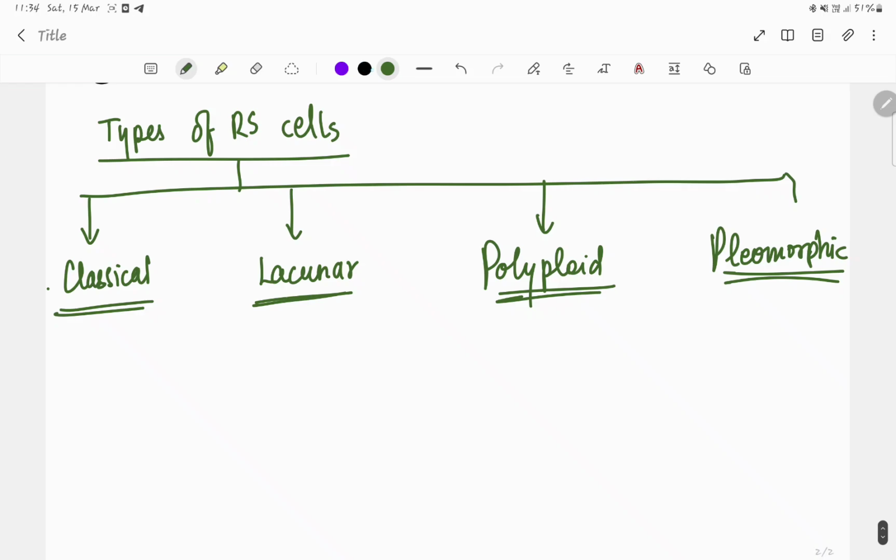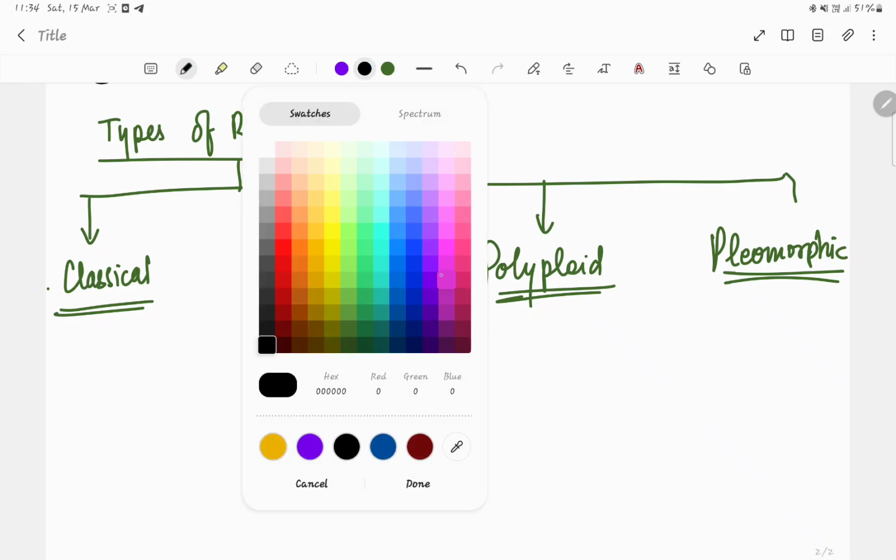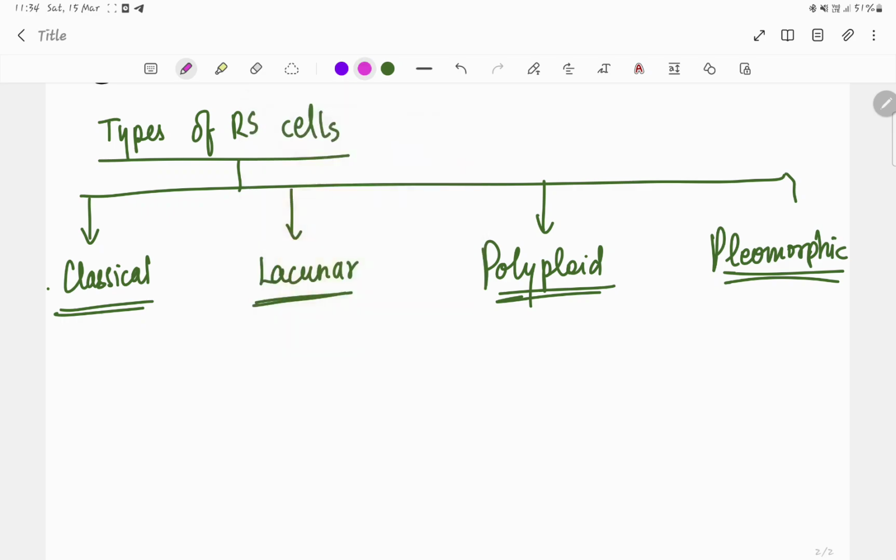The way it appears is very important. Let me take this color so that I can show you the H&E staining. Firstly, the classical one: we see there is the outer cytoplasm, then obviously the inner nucleus that I am drawing. Can you see how it appears?